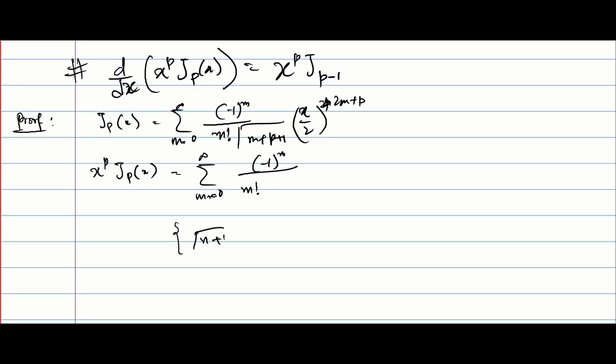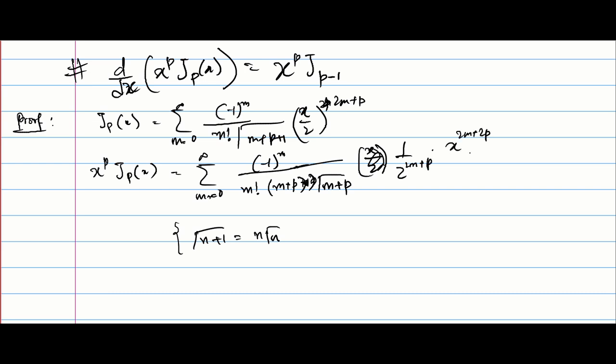We know that gamma of (n plus 1) is n gamma n, so this will become (m plus p) gamma of (m plus p). Why we are doing this, we'll see later. So this will be x to the power 2m plus 2p, since I am multiplying it by x to the power p.